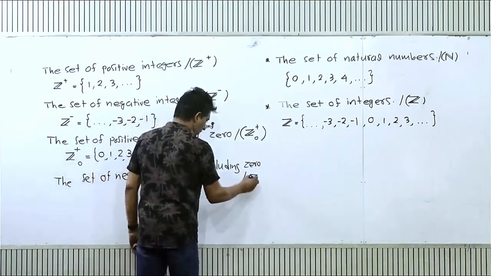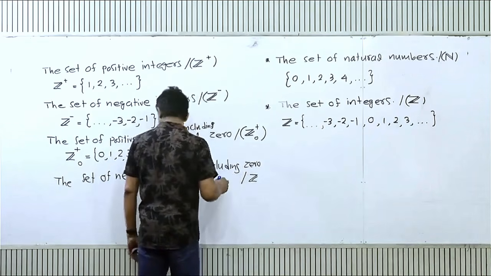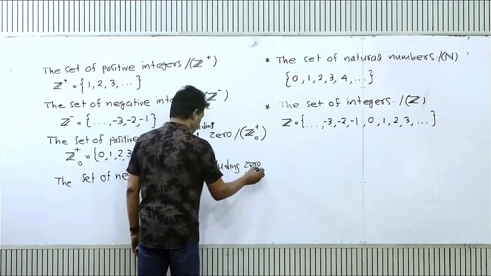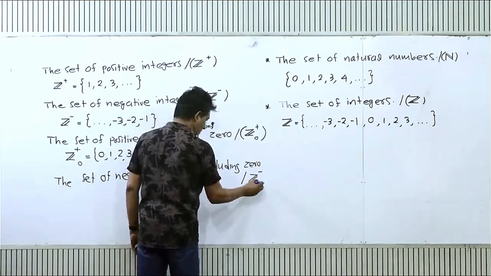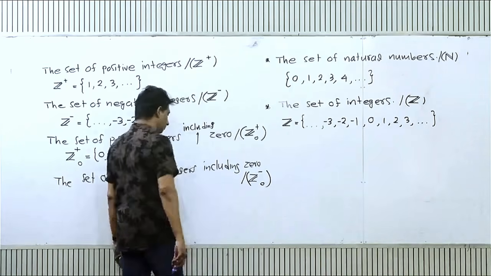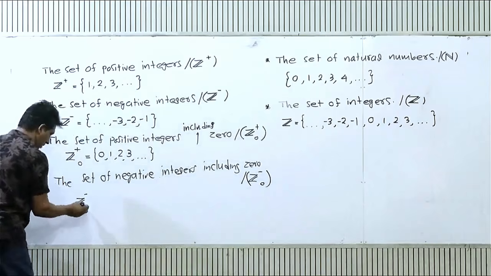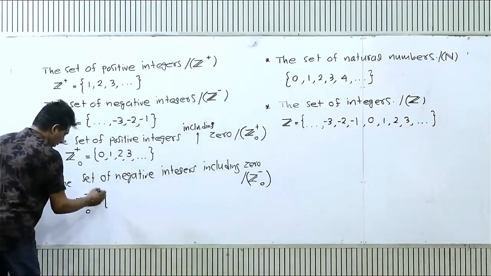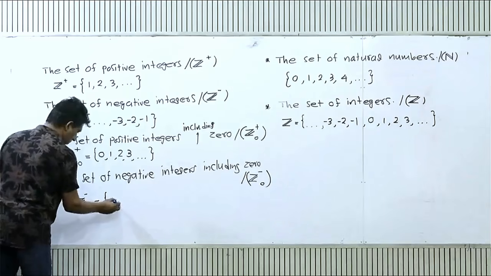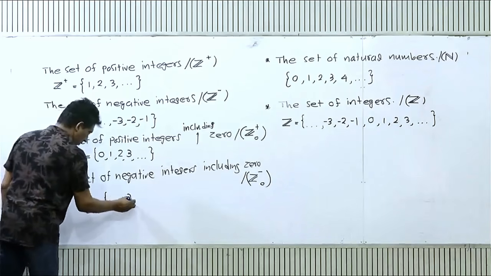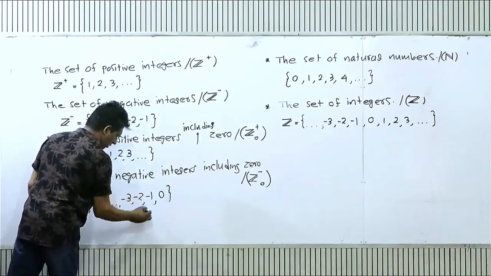For its notation we write the integers notation, then we put a negative mark and 0 here. So now we can write this subset, there should be all the negative integers and 0. First we put 3 dots, then minus 3, comma, minus 2, comma, minus 1 and 0.